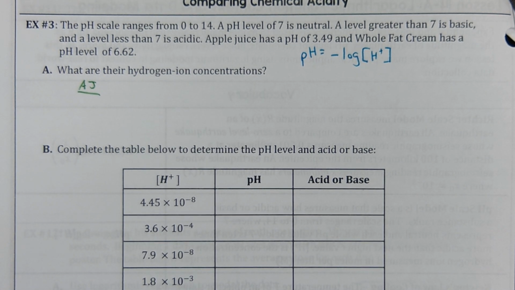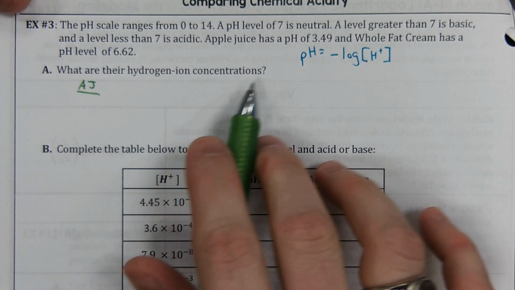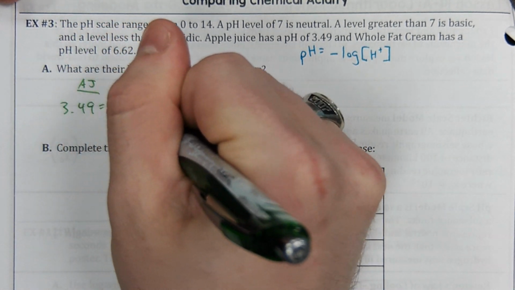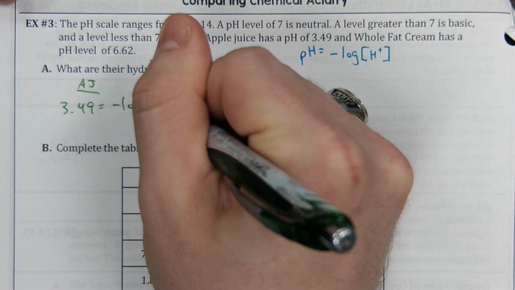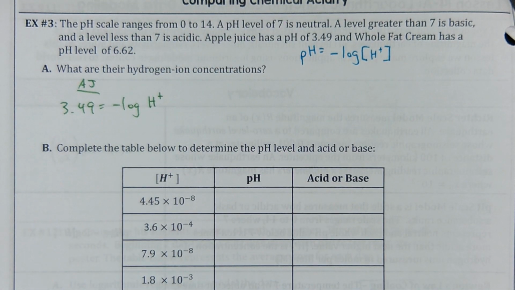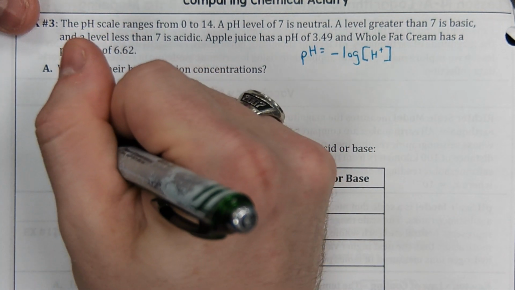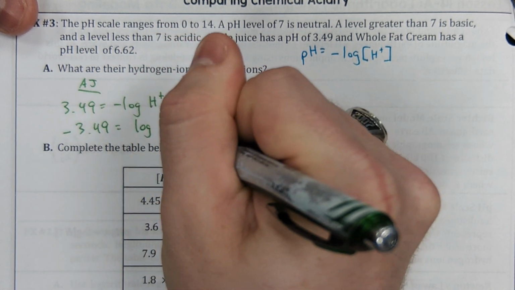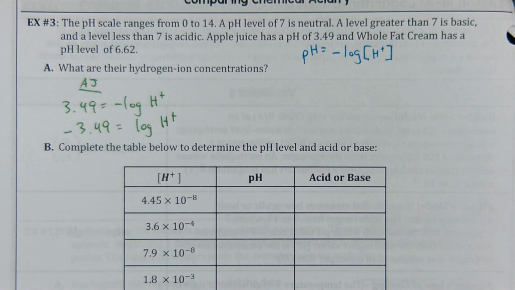we just set its pH of 3.49 equal to this formula. You're going to need to divide by negative 1. And then because it's the common log, just like the ergs thing we just did, you're going to need to use base 10 to get H plus by itself.